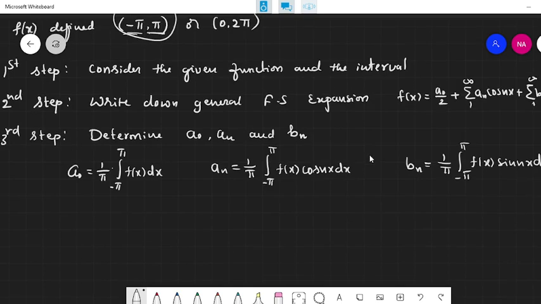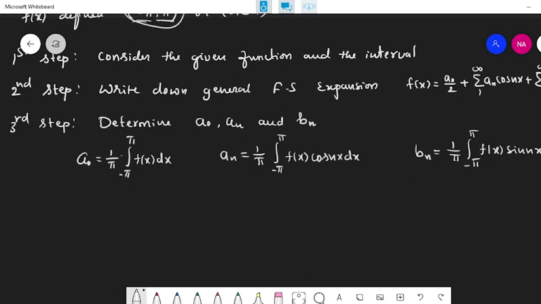I have to determine a naught, a n and b n. Yes, I call this equation 1.